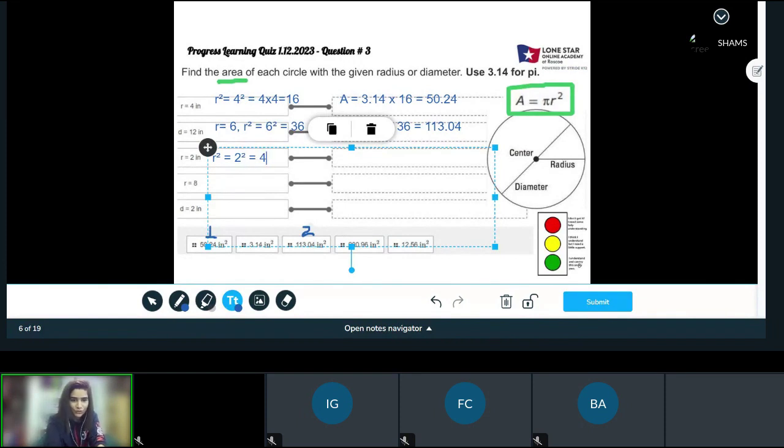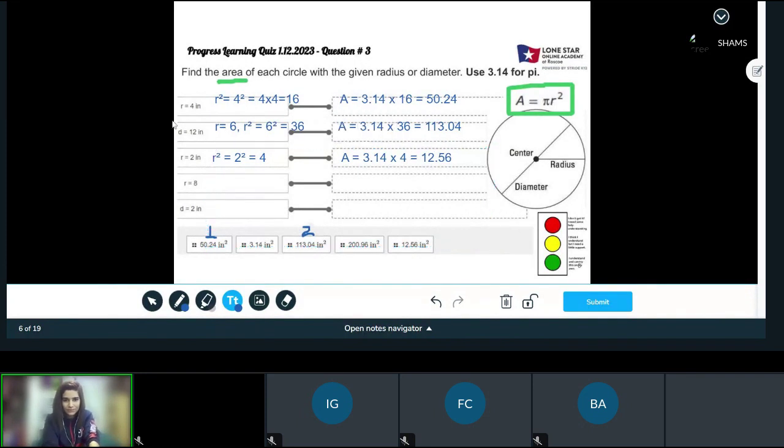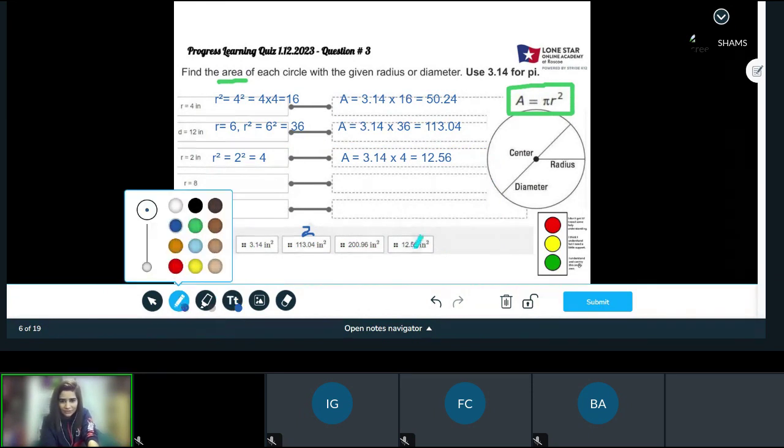Then you can find the area: A equals pi, that is 3.14, times r squared, that is 4. That should give you 12.56. I just estimated. Let me check. Did I get it right? 12.56, yes. So I can say this is answer 3.